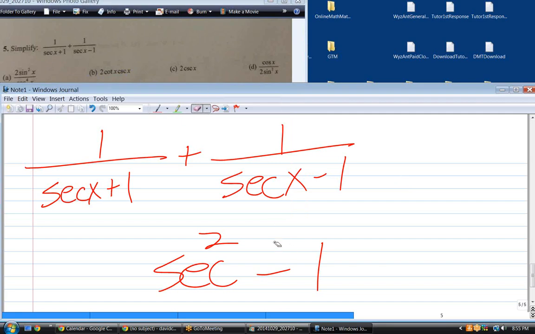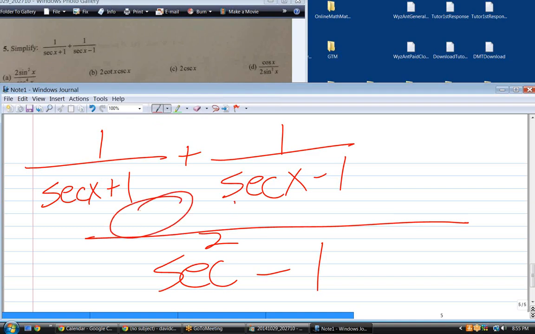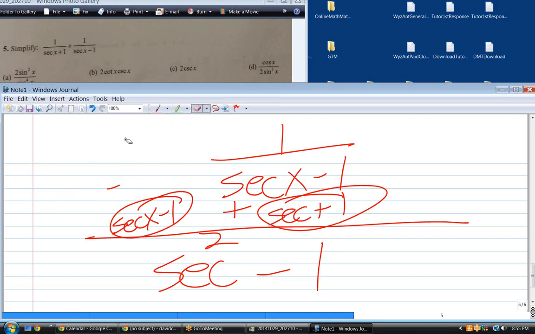Okay, so that's our new denominator. What goes here and what goes here? So it would be secant x minus 1, and then secant x plus 1. Uh-huh. Okay, get rid of all this so I can see what I'm doing.